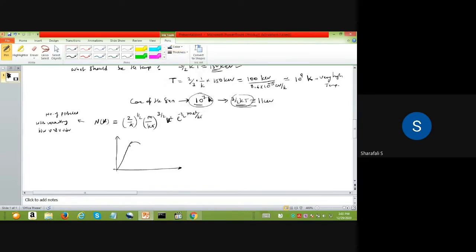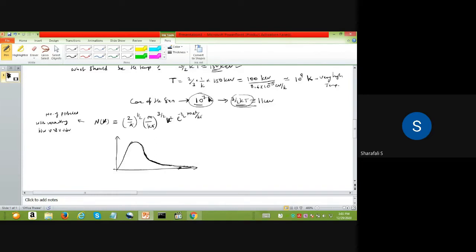There is a small shift here, and it will go like this.